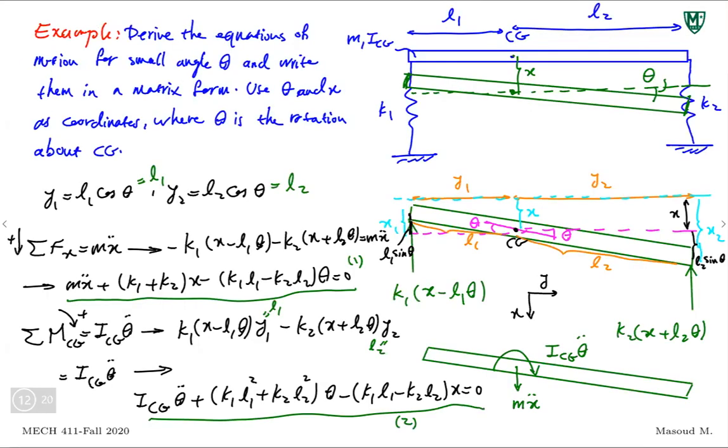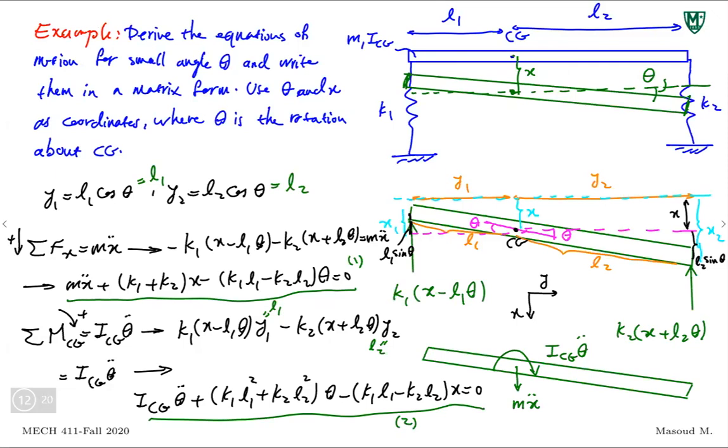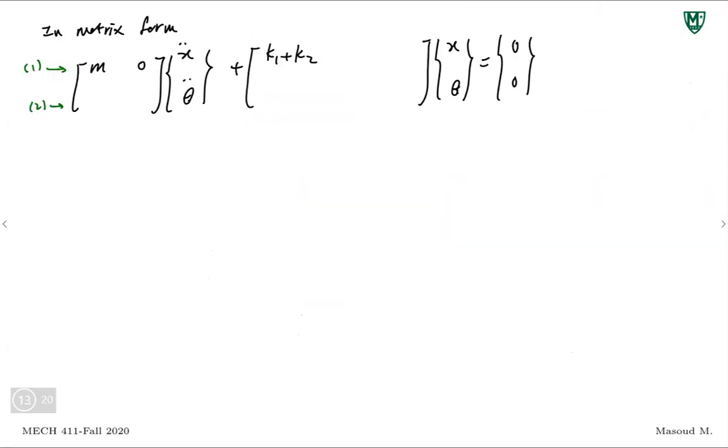So for equation 1, I have m, and then K1 plus K2. There is no theta double dot, so this becomes m. Then x and theta: k1 plus k2 times x. That was equation 1. Equation 2 is minus K1 L1 minus K2 L2.